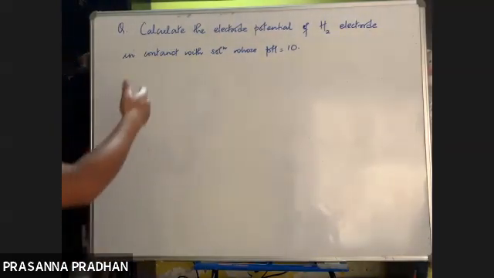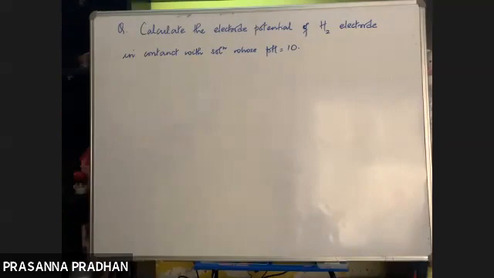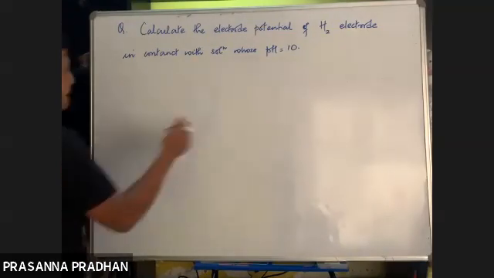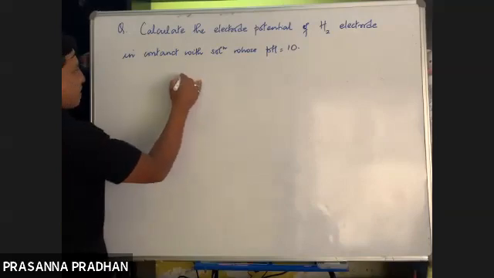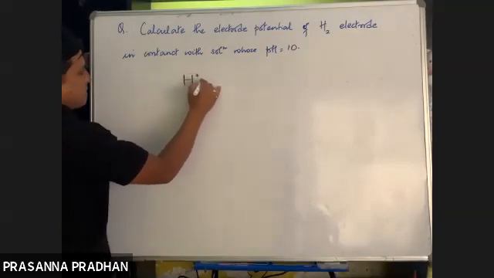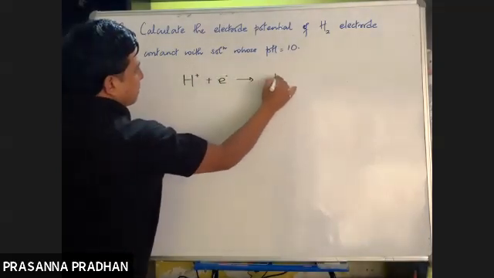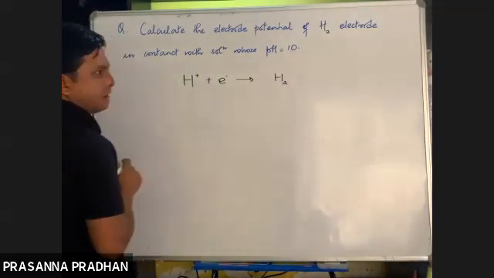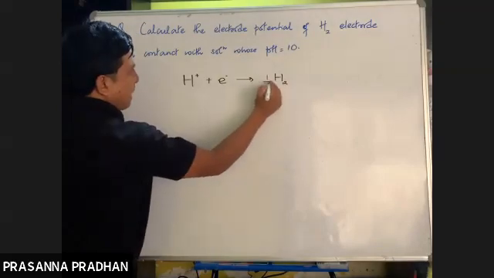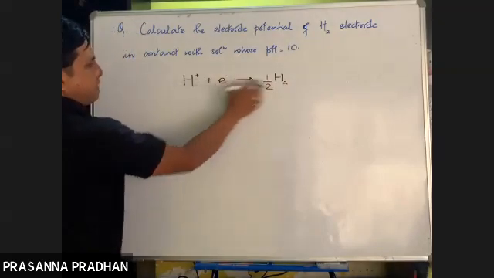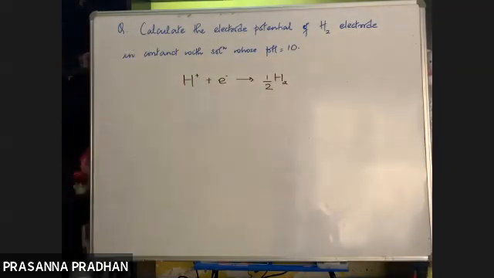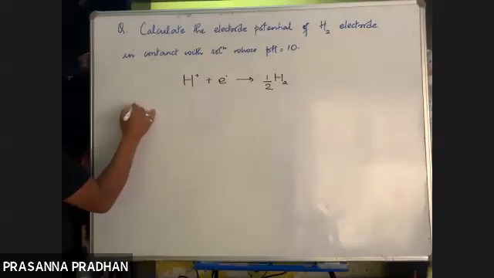Here it's mentioned a hydrogen electrode, and we know for a hydrogen electrode, what is the electrode reaction taking place? The electrode reaction is H positive gains an electron and gets converted into H2. If you want to balance this, I can write half H2 or just 2H positive, so the answer will be the same. Now what will be the Nernst equation for this?